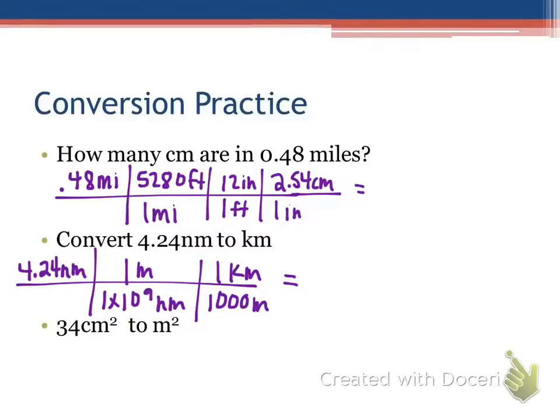Dom, what do you think? 77,248.512 centimeters. Okay, do we agree? And for someone that chose the other method to go from feet directly to meters, can someone give me an answer for that one?